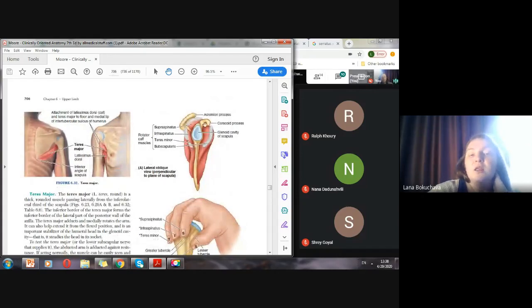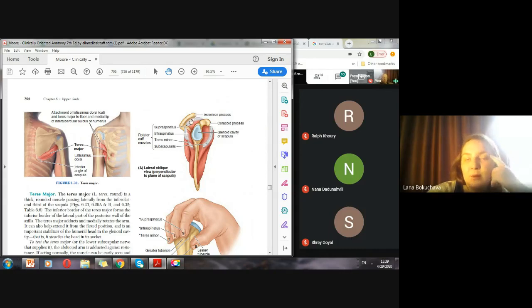Here they are. This is the lateral view of the scapula, and you can see that from all sides we do have these four muscles. This is particularly the supraspinatus. The names are also very easy to remember. I will explain them later today, but still, just to tell you, if you remember the surfaces of the scapula, according to that, out of four, three muscles have the same name.